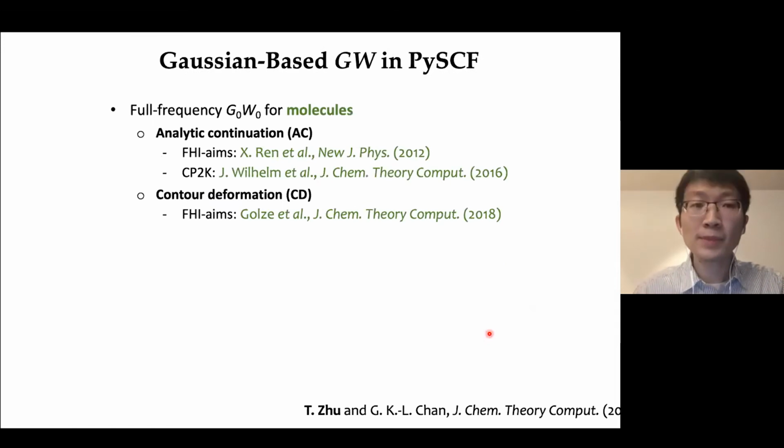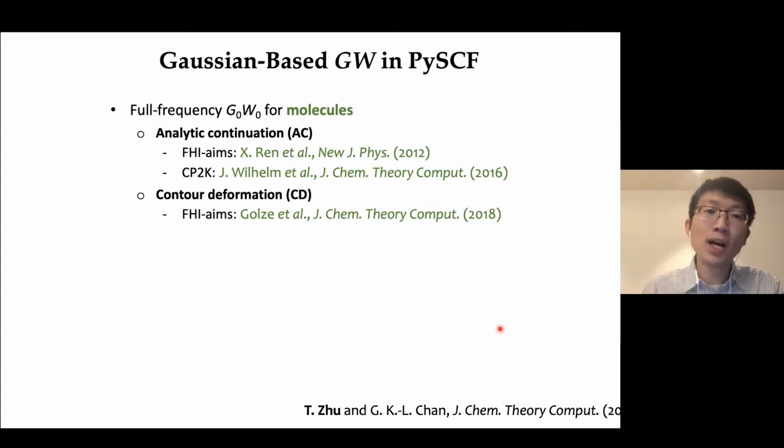And now back to the GW method. So the use of Gaussian basis sets for implementing GW is not new, of course, because for molecular systems, it has already been implemented in quite a few computer packages.